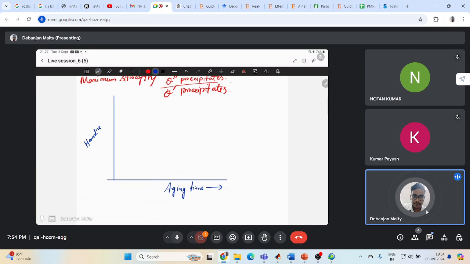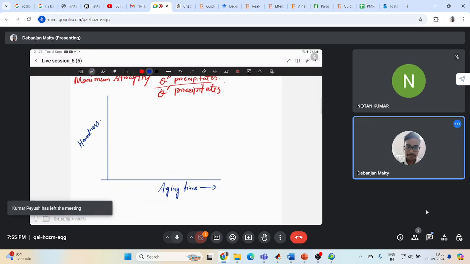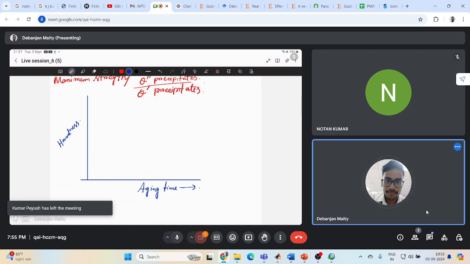What is the unit of hardness? There is something called hardness number.